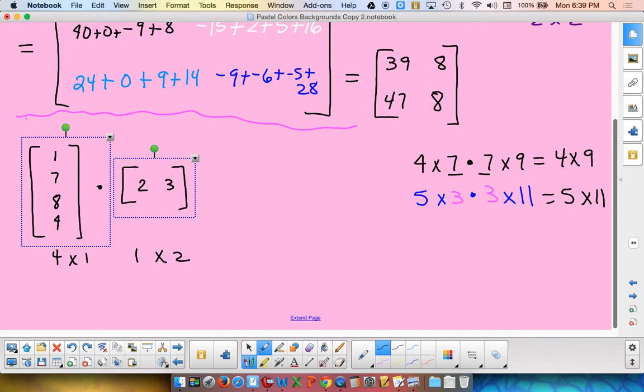But yeah, since my ones are the same, it's going to work, and my answer is going to be a 4 by 2. So my answer is going to have 4 rows and 2 columns. My answer is going to be huge, but this little matrix looks like no way could this happen with the initial. Now, it's also a very easy matrix to multiply, because now we are simply doing, okay, rows by columns.